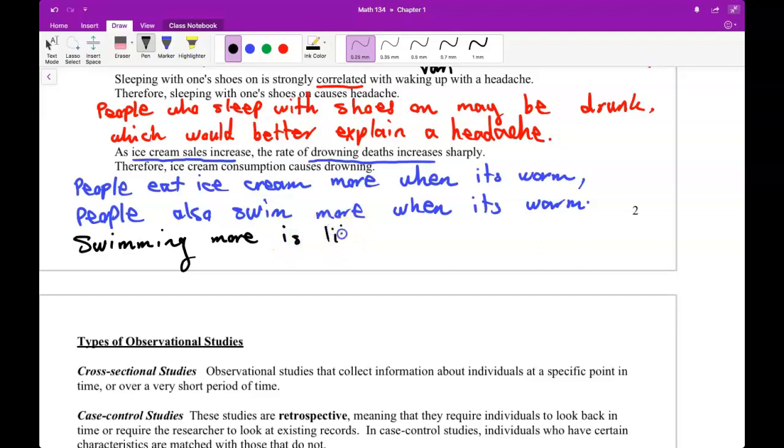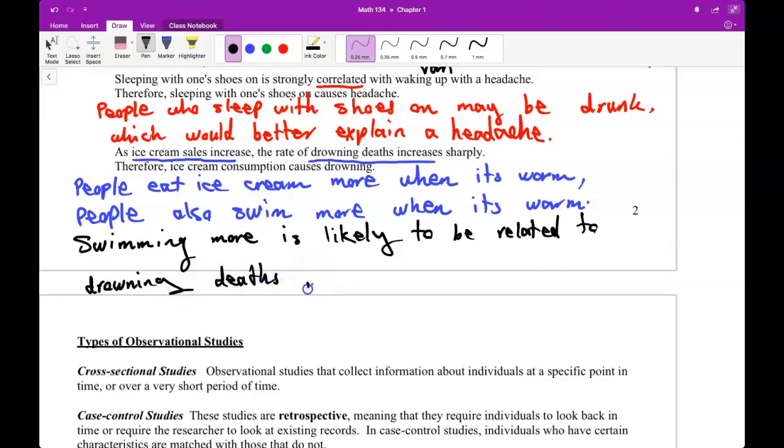Swimming more is likely to be related to what the outcome was, drowning deaths, not ice cream consumption.